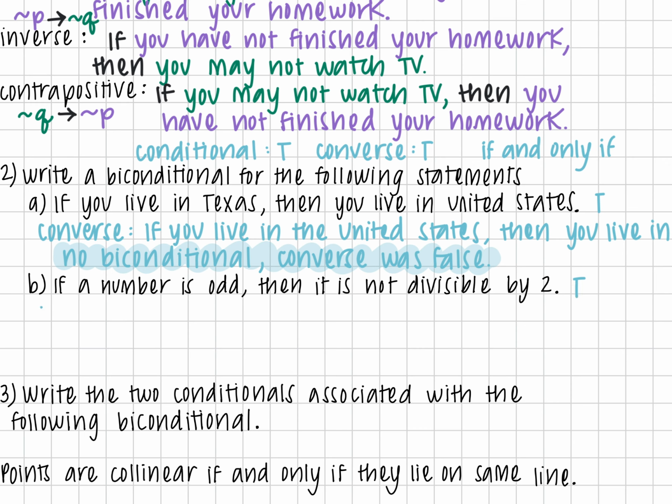So when I think of my converse, once again, switching that order, if a number is not divisible by 2, then it is odd.